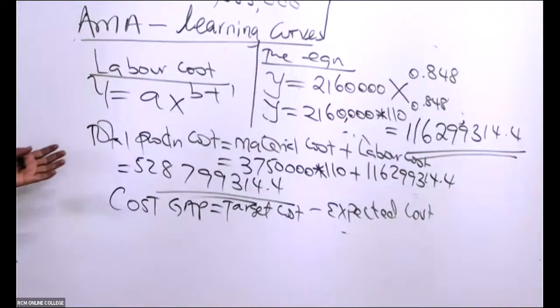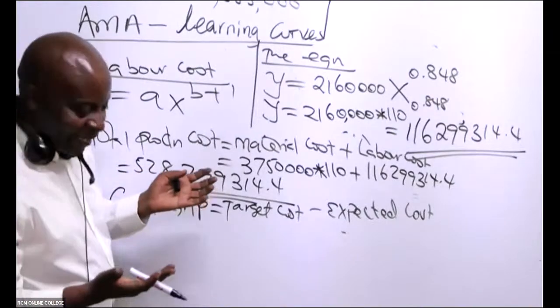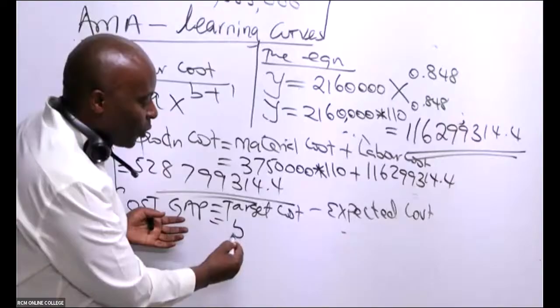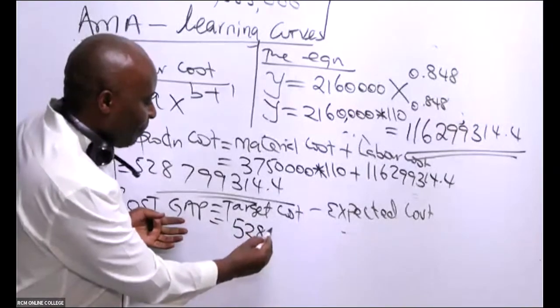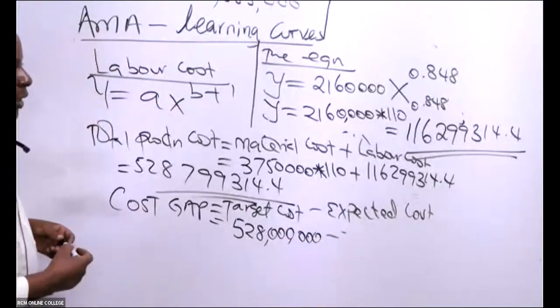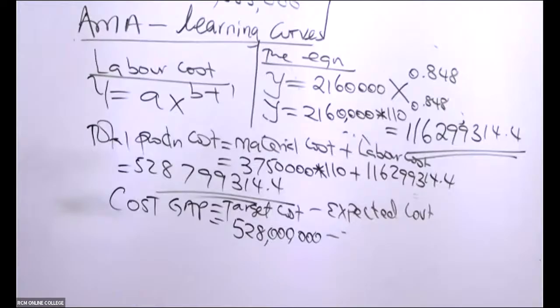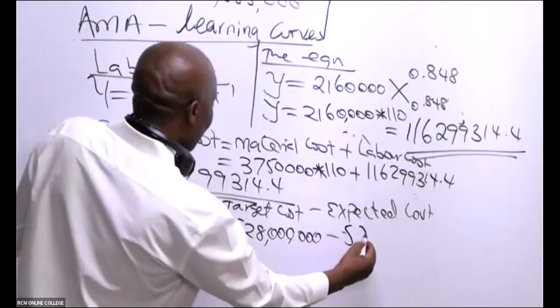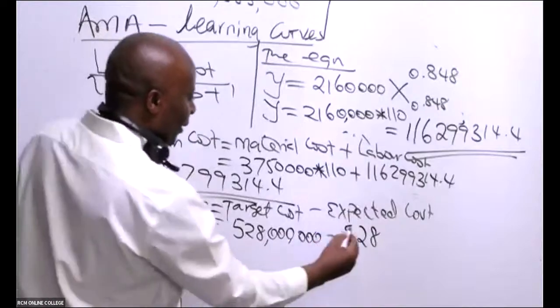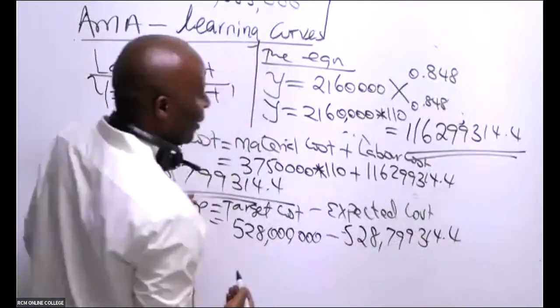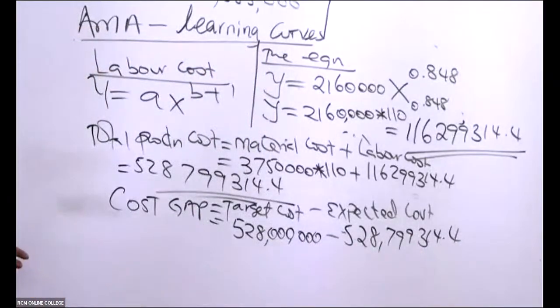So the target cost is supposed to be 528 million, minus our expected cost, which is what here, somebody? 528,799,314.4.